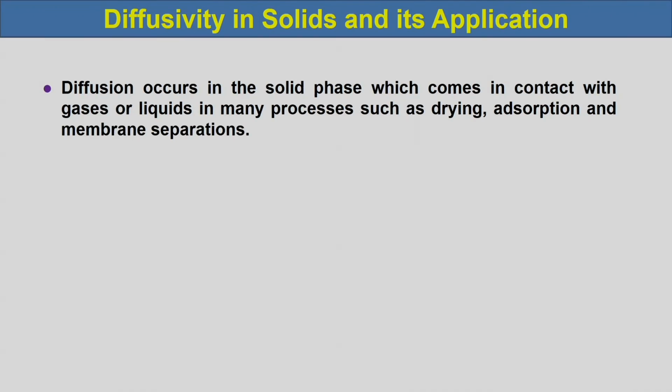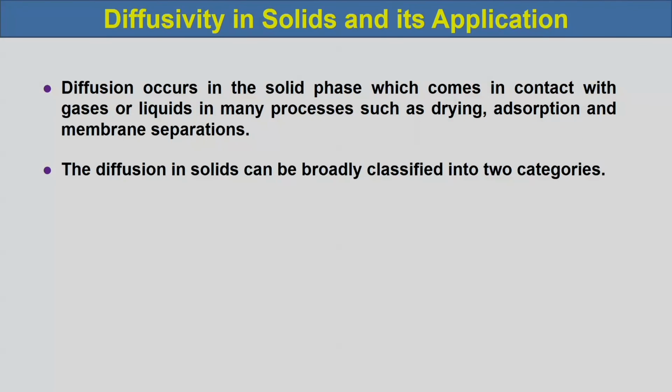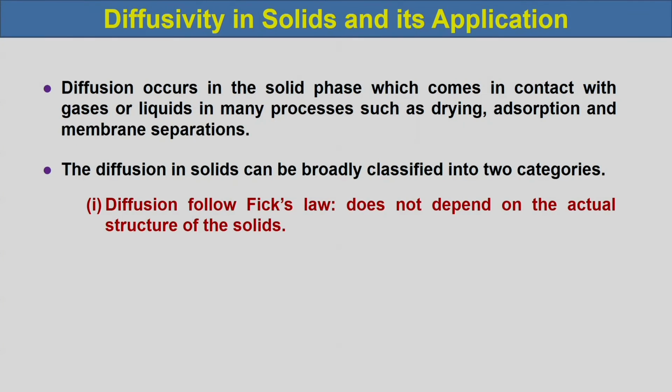Now, we will discuss diffusivity in solids and its application. Diffusion occurs in the solid phase which comes in contact with gases or liquids in many processes, such as drying, adsorption and membrane separations. The diffusion in solids can be broadly classified into two major categories.